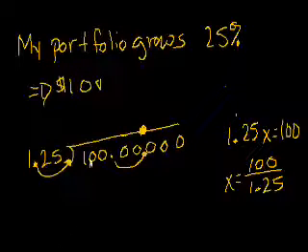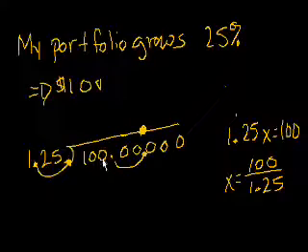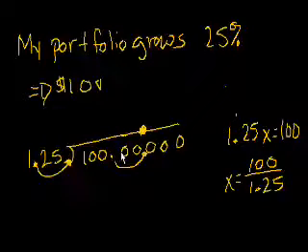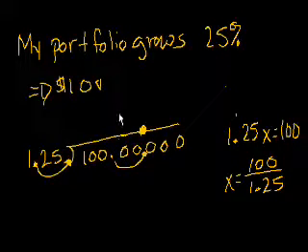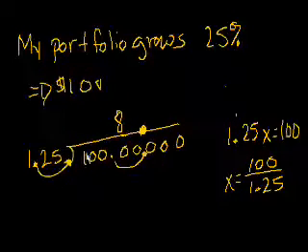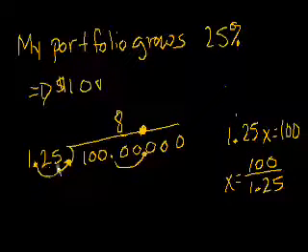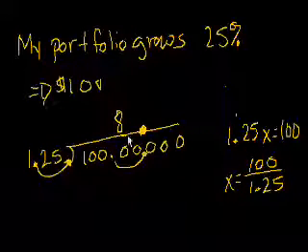Right? And I say, well, how many times does 125 go into 100? None. How many times does it go into 1,000? It goes into it 8 times. I happen to know that in my head, but you could do trial and error and think about it. 8 times 100 is 800, and then 8 times 25 is 200, so it becomes 1,000.